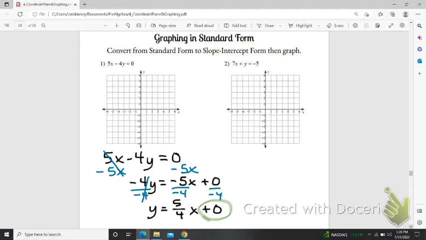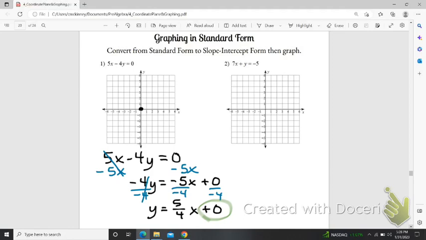But if you don't see it, please make sure that you would know it does mean we are starting at 0 on the y, which is at the origin. That's our begin point. So begin at 0, and then our slope is 5 over 4.